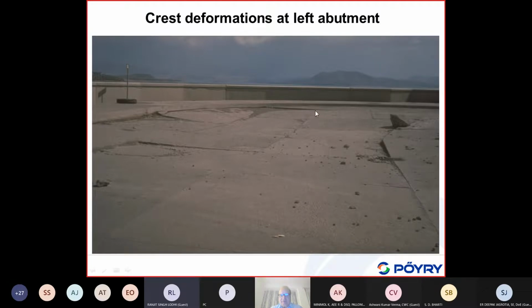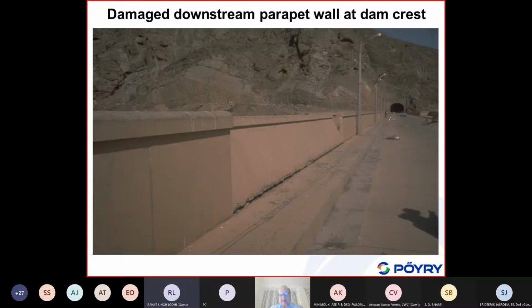There is some fill also, and you could see we have some deformations at this platform. This is on the left bank. Then there is this parapet wall, parapet walls at the downstream and upstream face, and these parapet walls are non-structural.